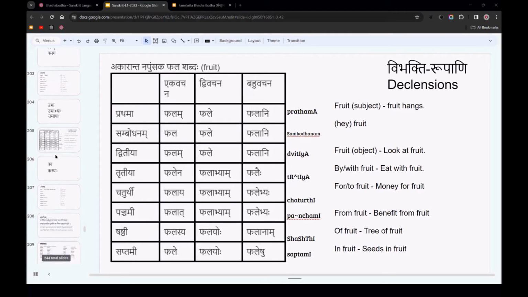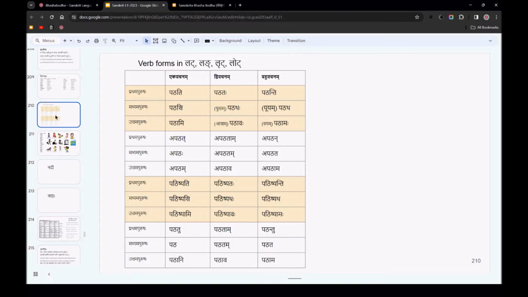Similar to this, the kriyapada table is there, right? We saw this is a kriyapada, not the whole thing. For each tense there is a table. This is the present tense, this is the past tense, and this is the future tense, and this is the imperative mood, like ordering or requesting somebody. You do some work.